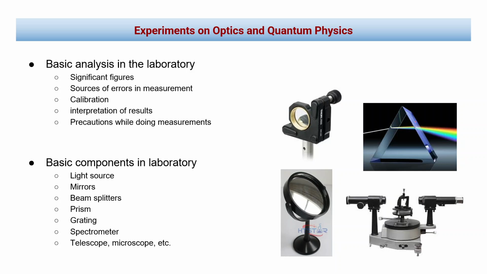So this Experimental Physics 2, as I said, will be dealing more with optics and quantum physics related experiments, but basically we'll begin with discussing the basic analysis that is done while carrying out any experiment: how to take the data, how to take care of error, how errors are added, what is significant figure in any value that we measure, how to calibrate instruments, how the results are interpreted, how the graphs are plotted, and what precautions we have to keep in mind while carrying out these measurements.